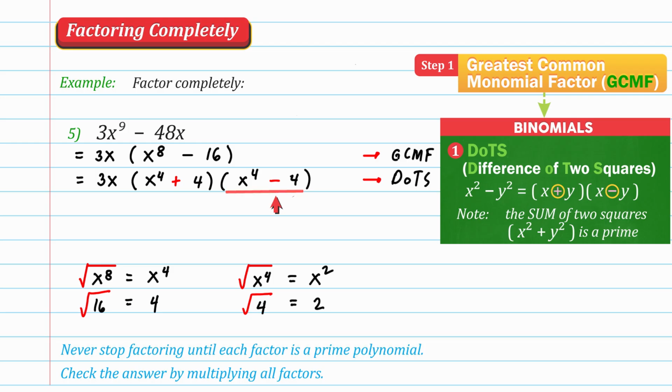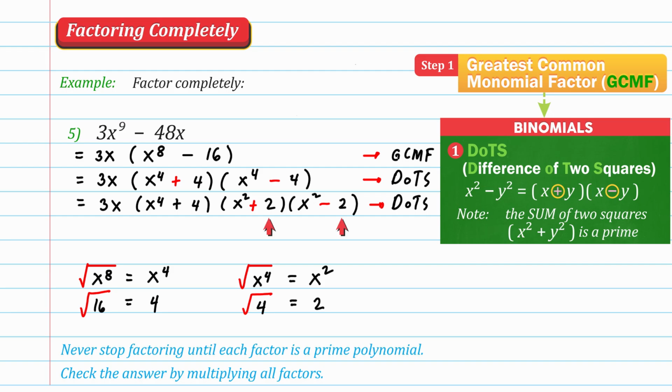So, let's put all the factors together. We keep the GCMF, 3x. We keep the prime factor, x to the fourth plus 4. And we replace x to the fourth minus 4, a difference of two squares, with, let's set it up, two binomial factors. And looking at the formula again, let's put plus and then minus. Then copy the square roots of the two terms here.